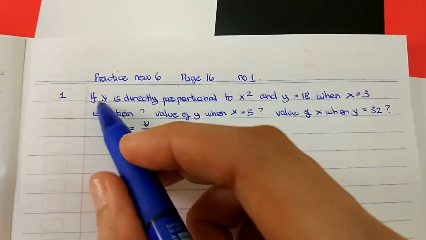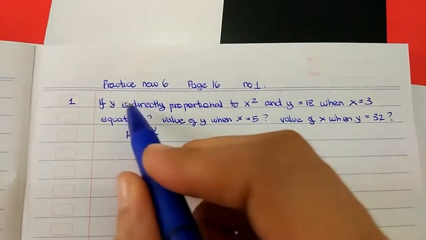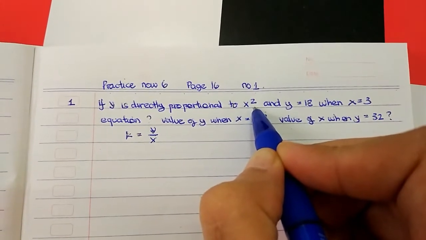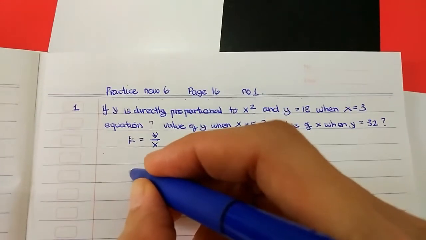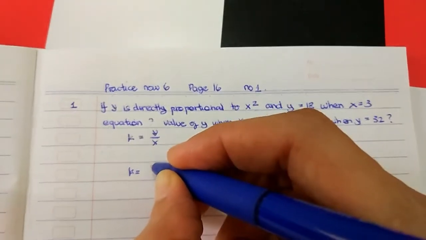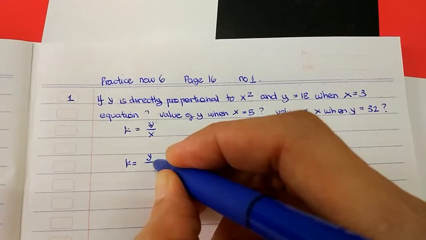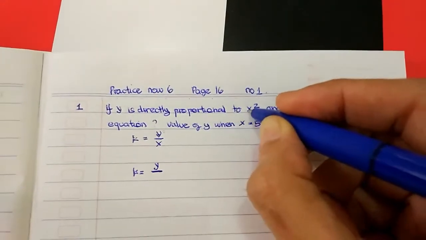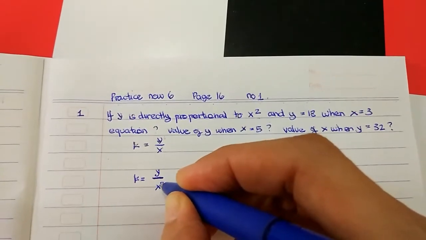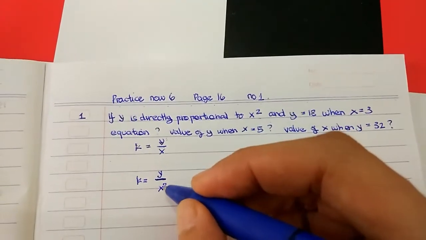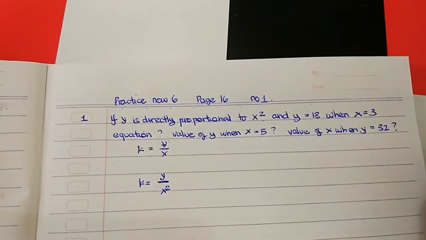In this question, y depends on x squared. So k will come from y, the dependent, divided by x squared, because the question says y is directly proportional to x squared.